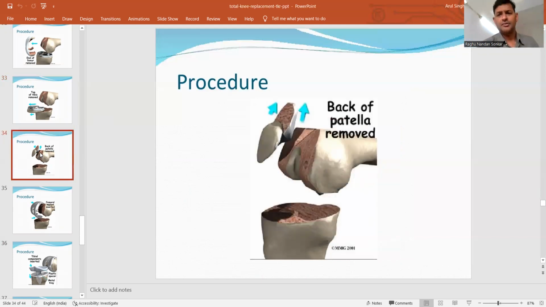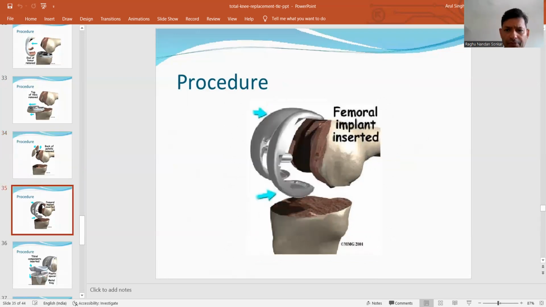Back of the patella is also removed, and then the femoral implant after cutting, after all the distal cuts and all cuts have been done.